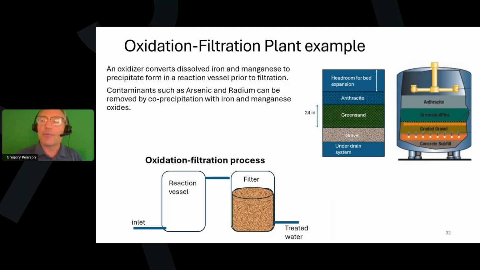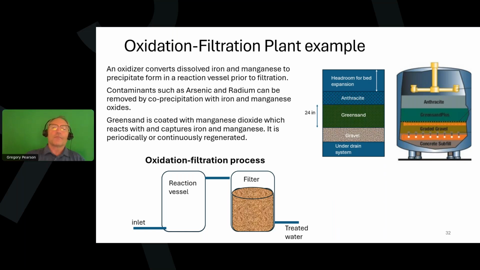And here's a little example of how the green sand might be placed in the filter. It's a special sand that's coated with manganese dioxide, and it helps to capture the iron and manganese. It has to be regenerated either continuously or periodically. And I've included some references in the reference sheet for you to learn more about that.